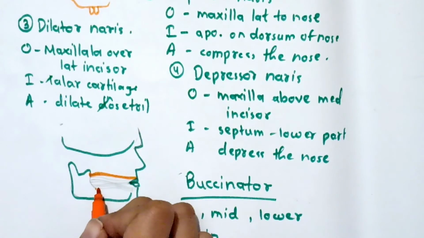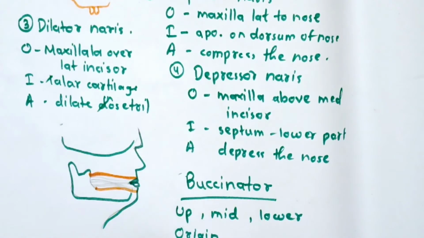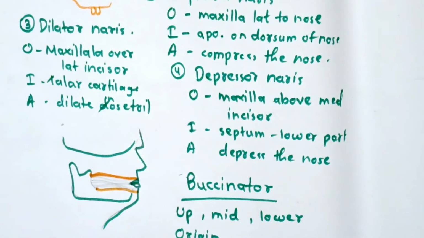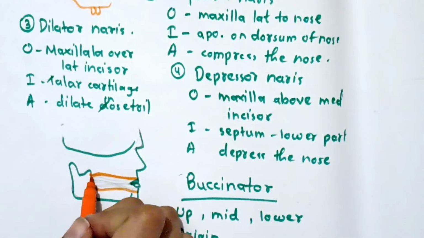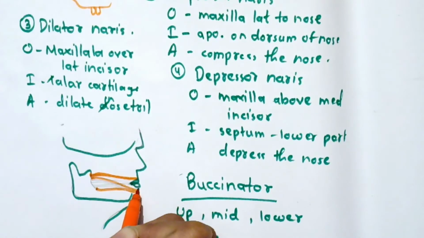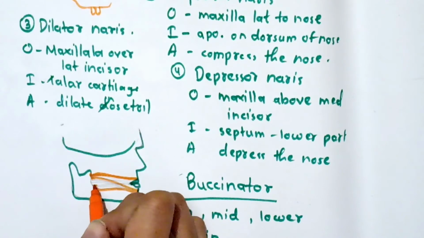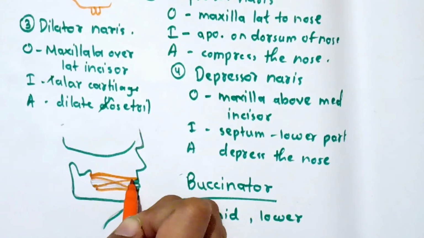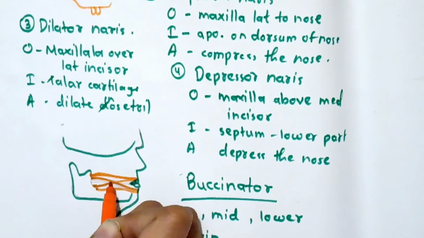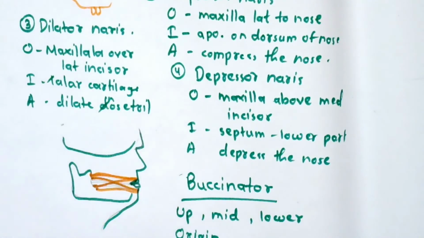These are the lower fibers originating from the mandible against the molar teeth and inserting onto the lower lip straight away. Now the middle fibers: the upper part goes and inserts onto the lower lip, and the lower part goes up and inserts to the upper lip. So it crosses away like this. This is about the buccinator muscle.